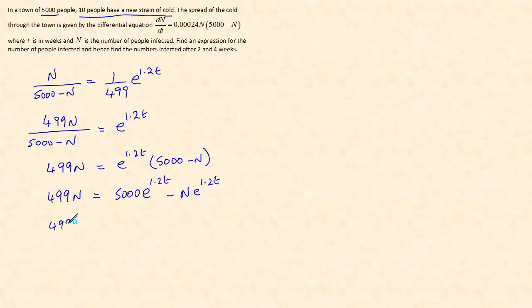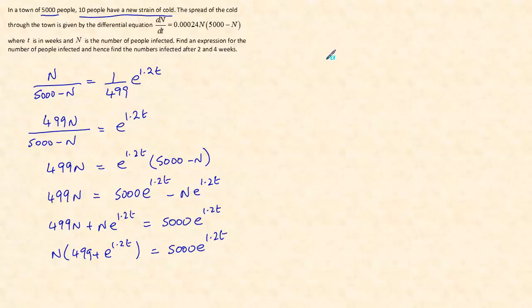So 499n plus n e to the 1.2 t is equal to 5,000 e to the 1.2 t. And take out the common n here and factorize: n(499 + e to the 1.2 t) is equal to 5,000 e to the 1.2 t.